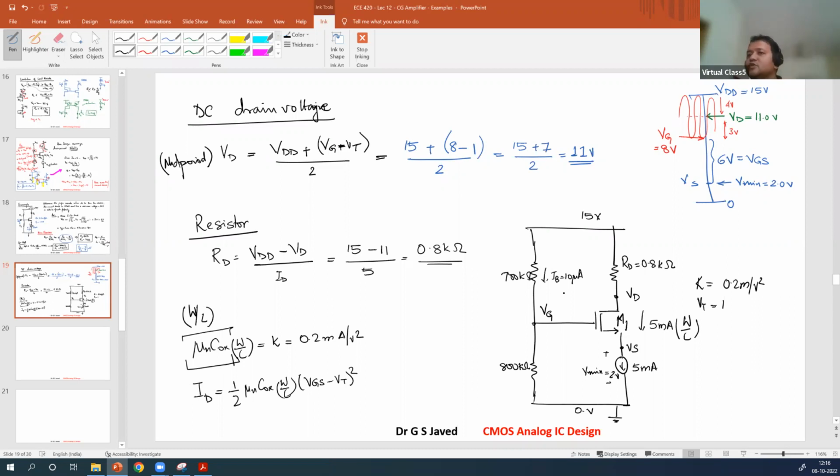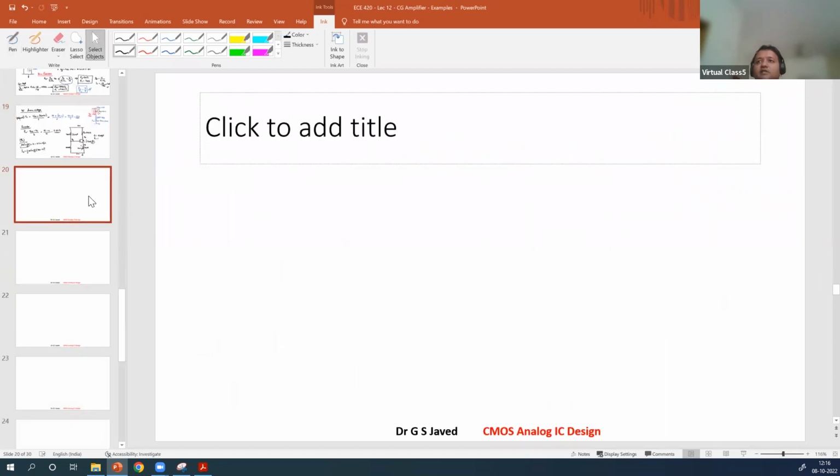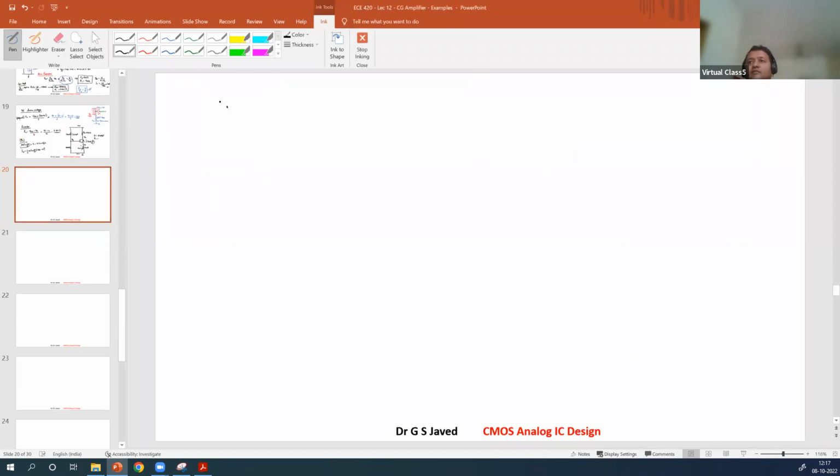Right? So today we covered, let me quickly summarize today's class. So in today's class, we first learned what a common gate amplifier is. What did we learn there?